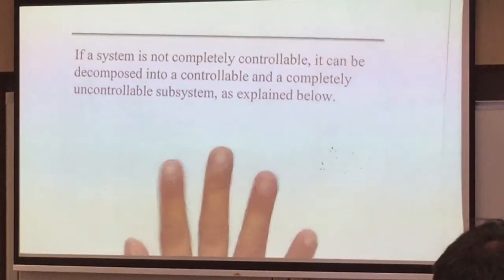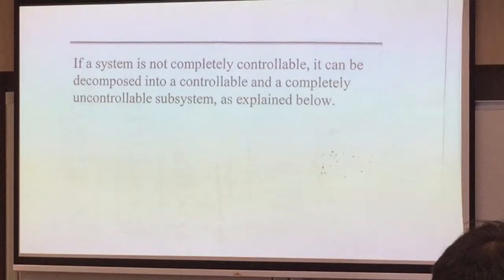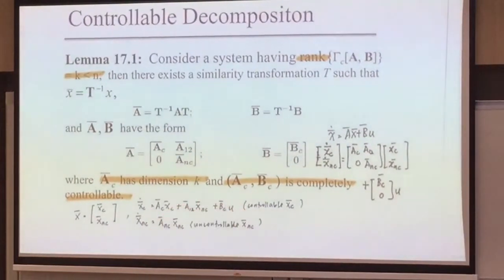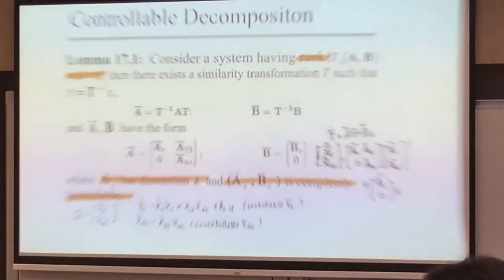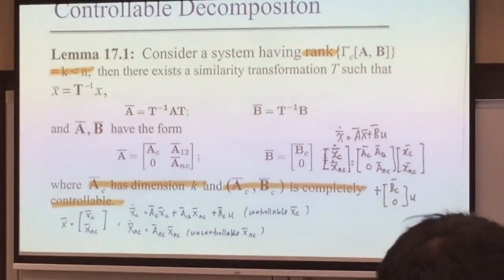If a system is not completely controllable, meaning some states are controllable, some states are not, we can break it down into a controllable and uncontrollable subsystem. We call this a controllable decomposition.